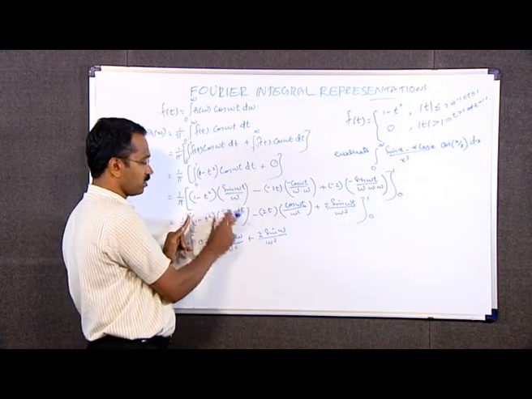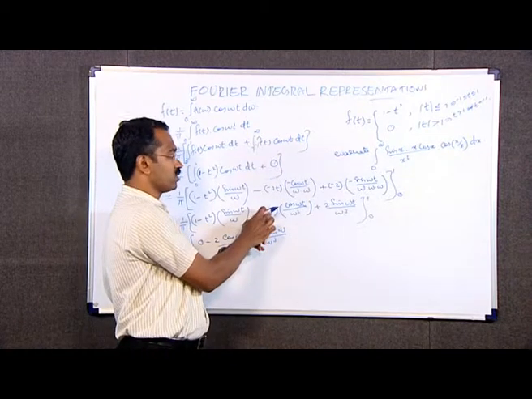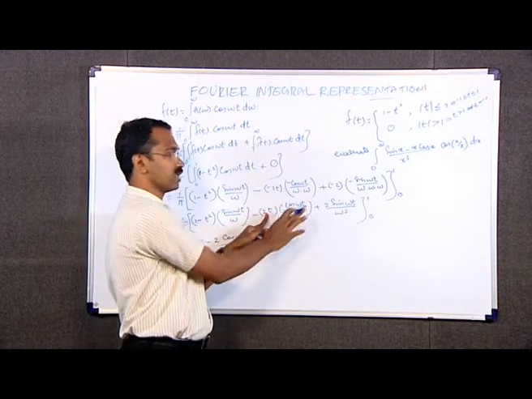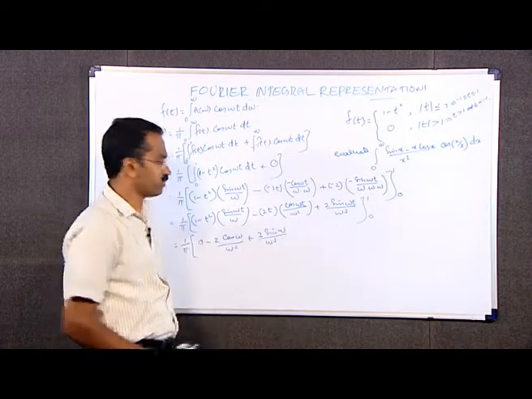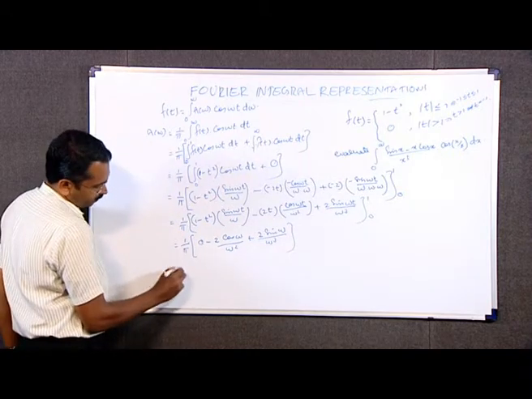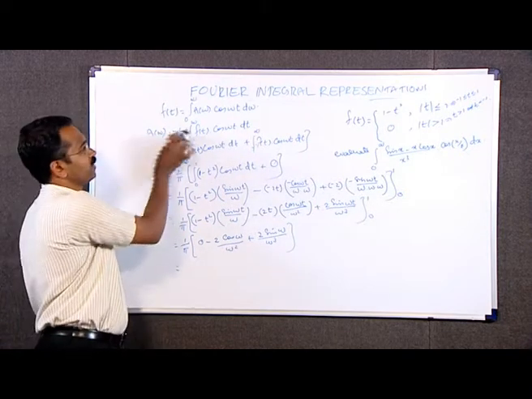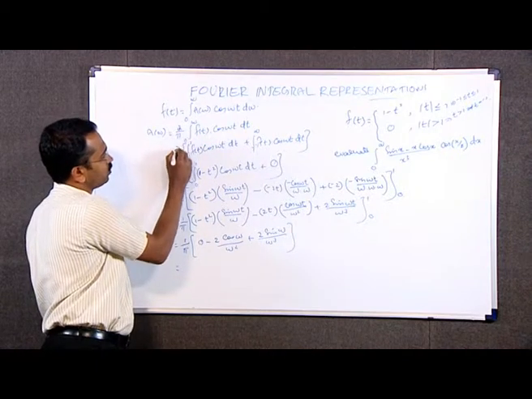Therefore, this will become 0. Here, when t equal to 0, 0 into cos omega t by omega square is 0. This term also will become 0. Therefore, this is equal to, in this expression for omega, here it is 2 by pi, not 1 by pi.